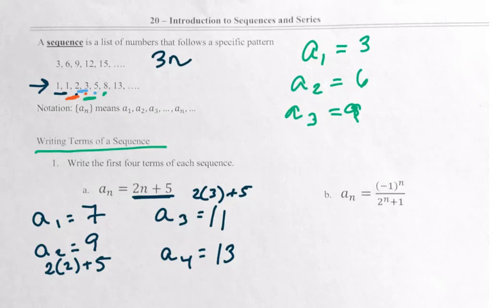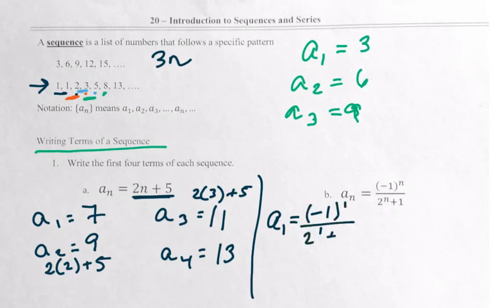For part B, we do the same thing. We have a sub 1. That's going to be negative 1 to the first power over 2 to the first power plus 1. So negative 1 to the first is just still negative 1. 2 to the first is 2, plus 1 would be 3.